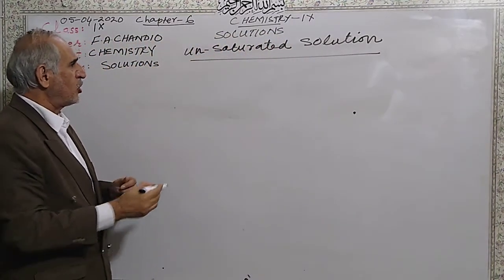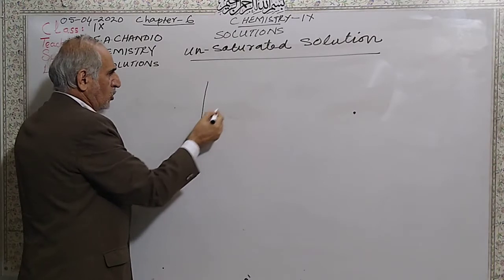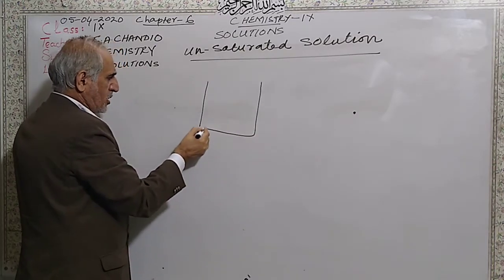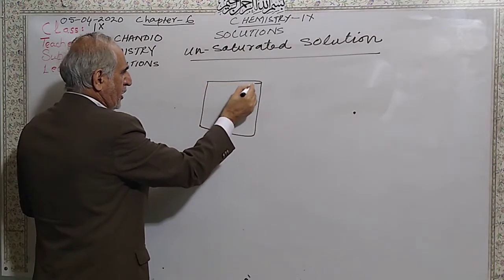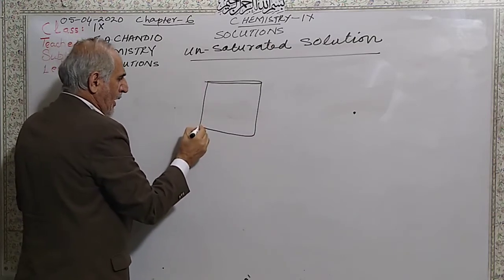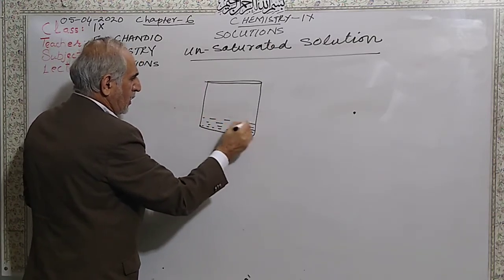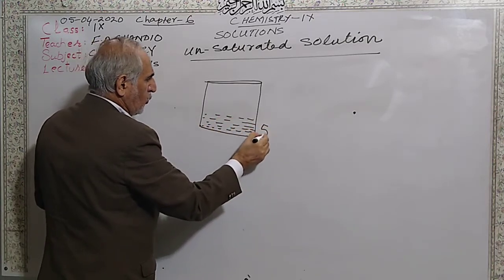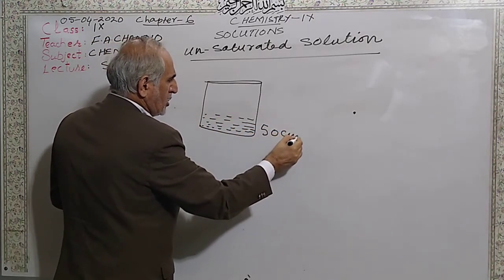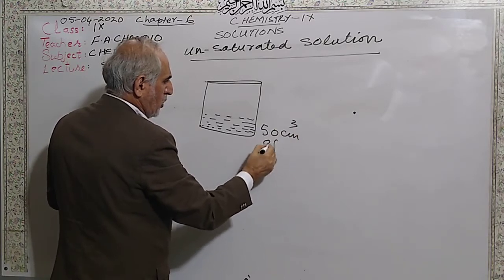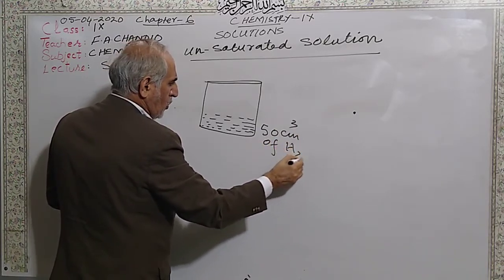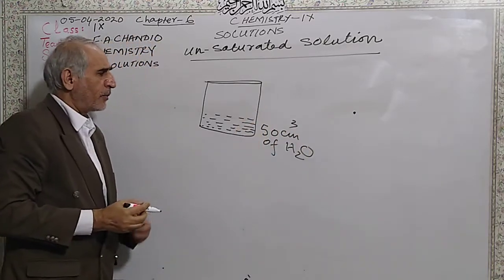In an unsaturated solution, suppose this is a container, a beaker, and this container contains about 50 centimeter cube of water.